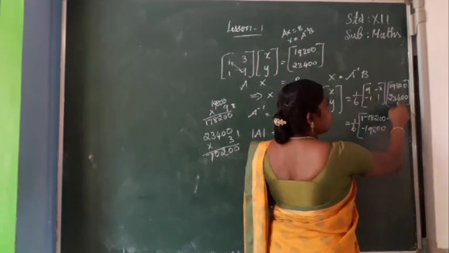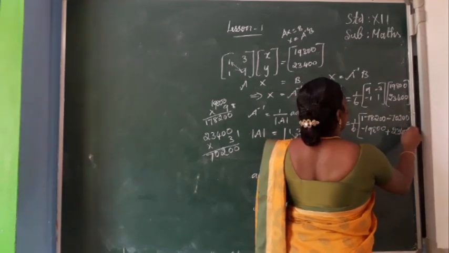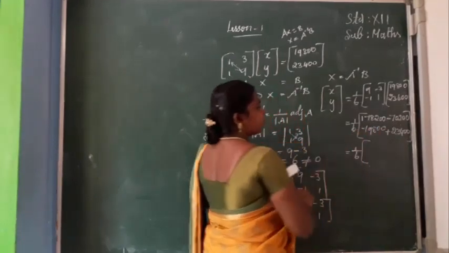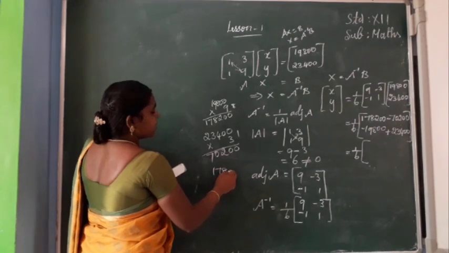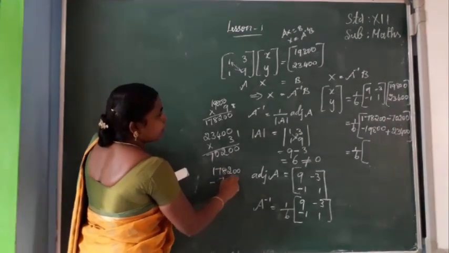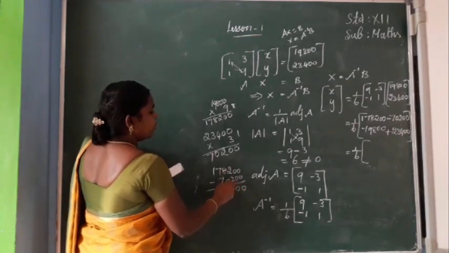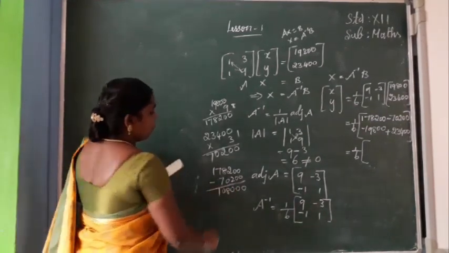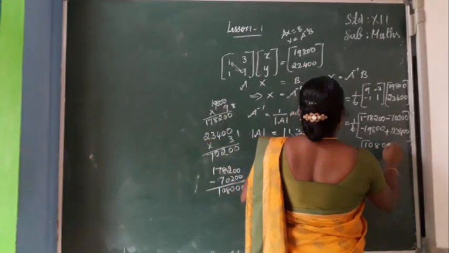Next 1 into 23,400 means plus 23,400. Now 1 by 6 into, you subtract this value: 1,78,200 minus 70,200. Okay, subtract. What is that? 1,08,000.